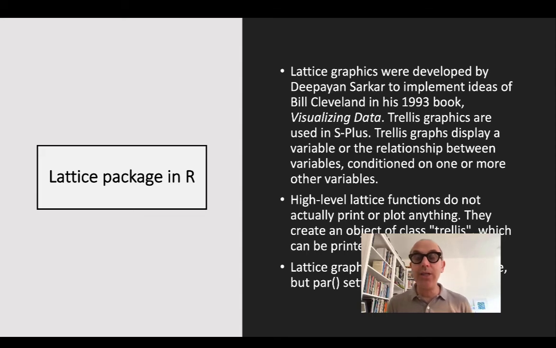Another package that is often used, and it is an old one, from before ggplot2, is called Lattice. It was developed by two people who used the idea of 3D and hid a high-level function that does not actually print or plot anything, which creates a class called trellis, which can be printed and plotted in a very nice way.